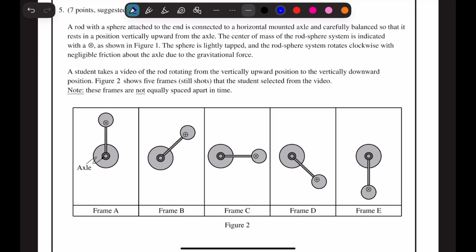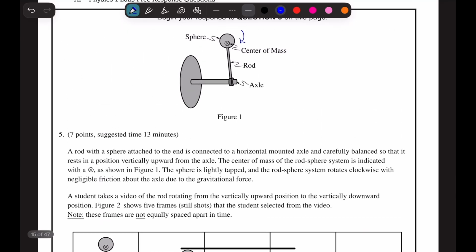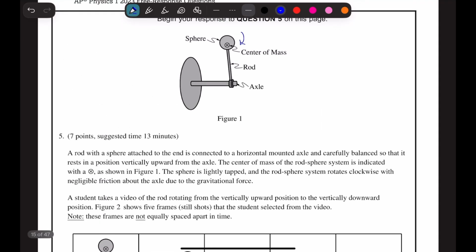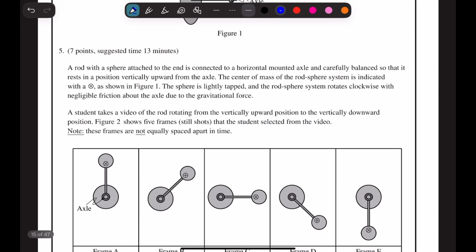Okay, so we have this rod-sphere system that's rotating around the horizontal axle, and the system starts vertically upward. It rotates clockwise under the influence of Fg, and the friction is negligible.